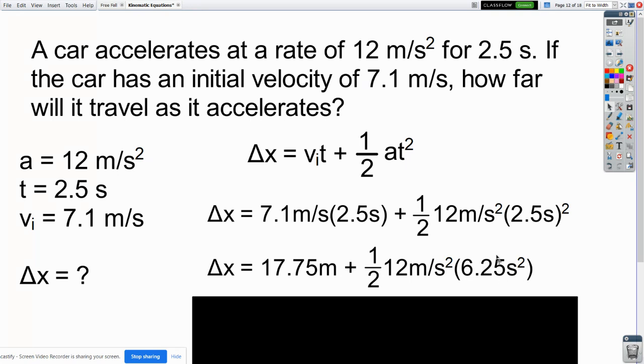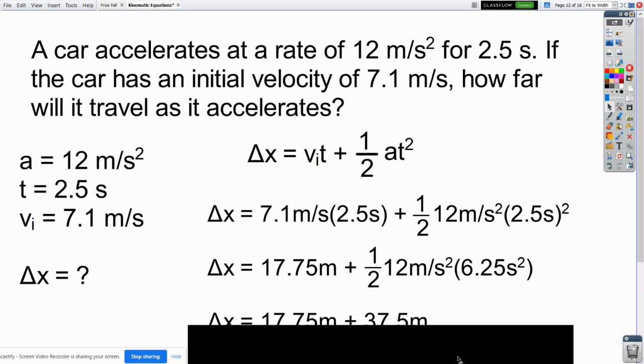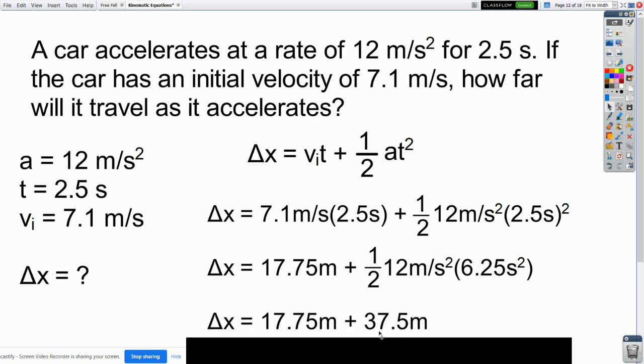So I went ahead and squared that number. Now I'm going to get all of this multiplied out. 1/2 times 12 times 6.25. That's 37.5. Second squared in the numerator, second squared in the denominator, those cancel out, leaving us with meters.